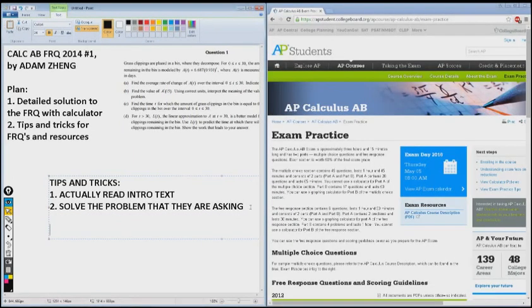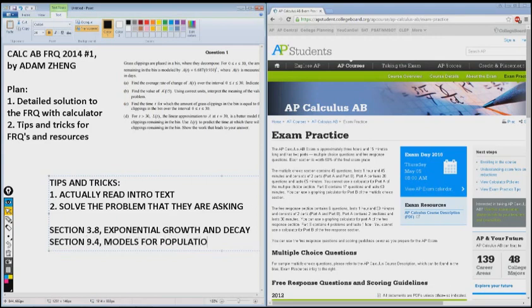Some useful resources for problems similar to this one. In our textbook, there's section 3.8, which is exponential growth and decay. In addition, we have section 9.4, which is models for population growth.